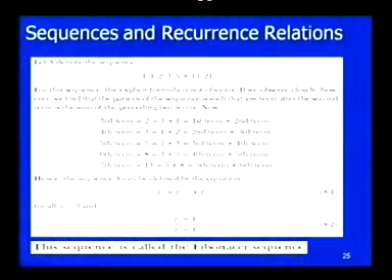That is, f of n is equal to f of n minus 1 plus f of n minus 2, with the initial conditions f1 equal to 1 and f2 equal to 1. This kind of relationship is what we are aiming at in analyzing the recursive algorithms.